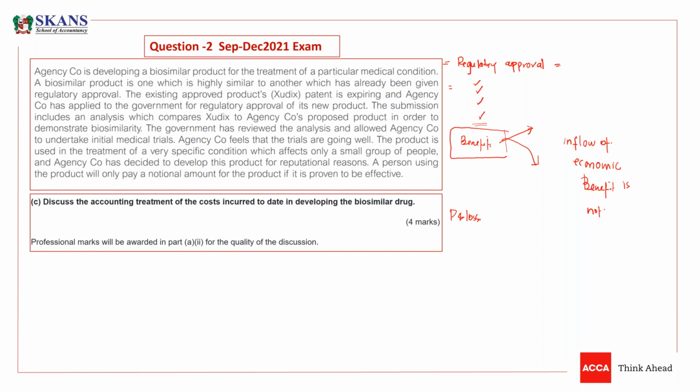Now, guys, even if the trial goes well, we are not expecting any inflow of economic benefits from this product, because we are producing it for reputational reasons, and the customer is going to pay a very little amount against these products. So yes, we should book this cost in P&L.